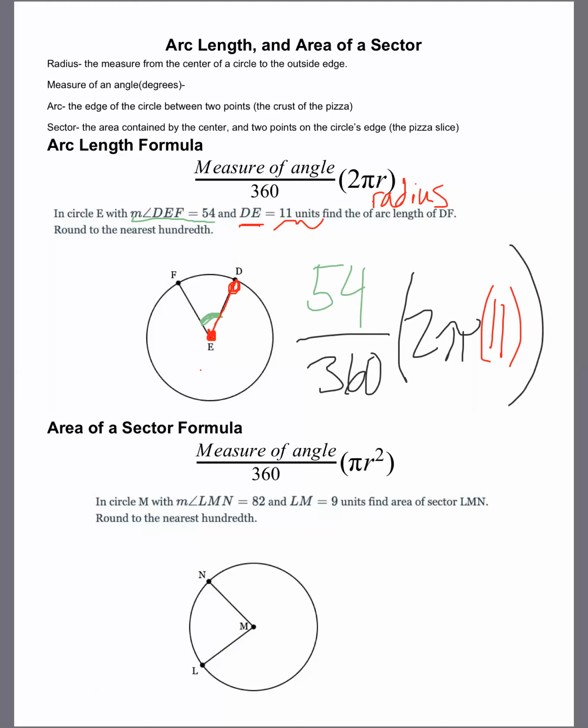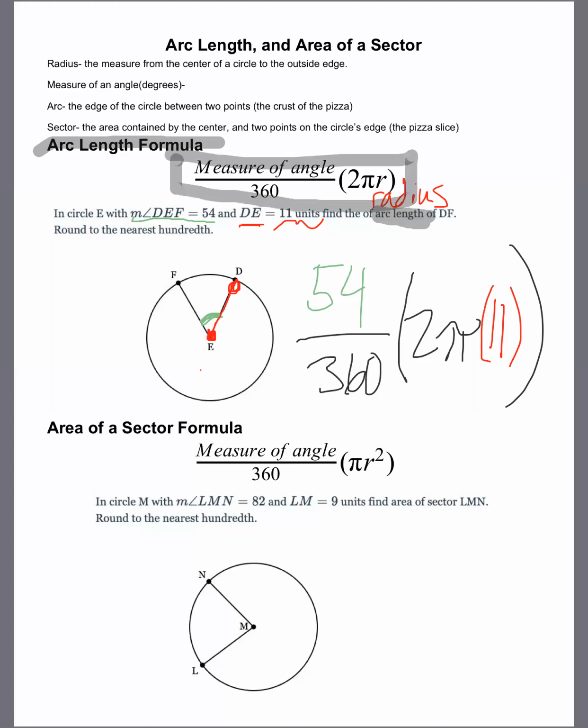So in this problem we're doing, where does it say multiply? It doesn't say to multiply. Since it says to find the arc length, this is the formula for finding the arc length right here.